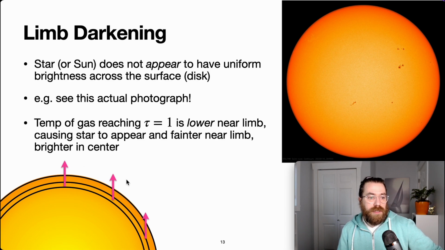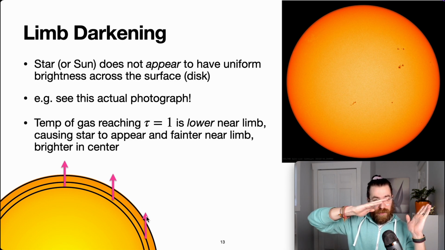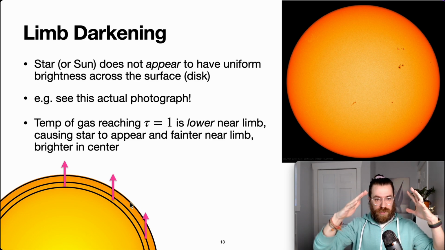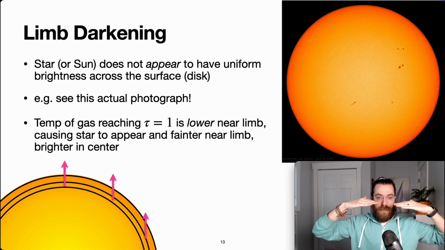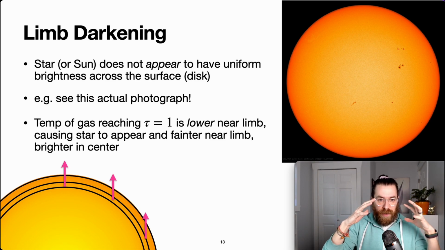When you start to look near the limb, to get enough absorbing material to actually see the surface, the place where you define an optical depth of 1, you need to go through a bit more material because it's cooler, because you're looking at it at this angle. It's this viewing angle effect, which is geometric, right? So this is due to the geometric distortion of the atmosphere, because you're not looking at a flat thing, you're looking at a curved thing. And you're looking at this partially transparent curved thing.